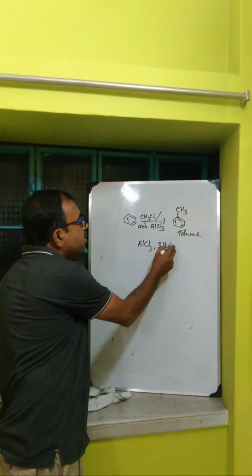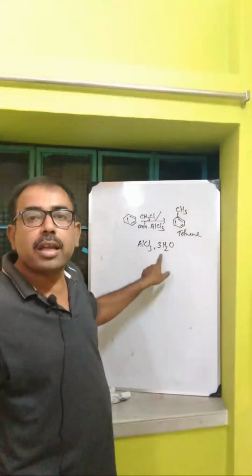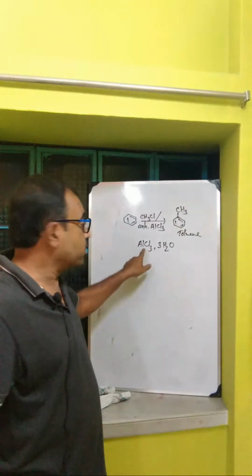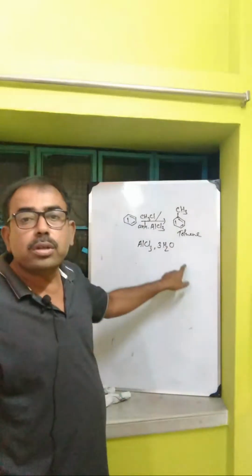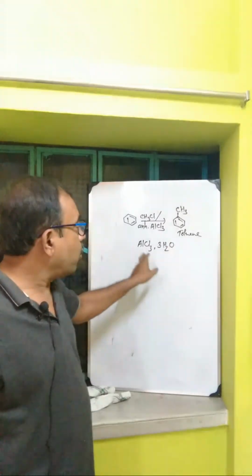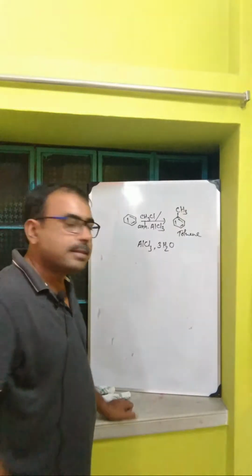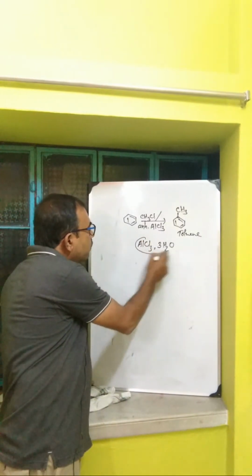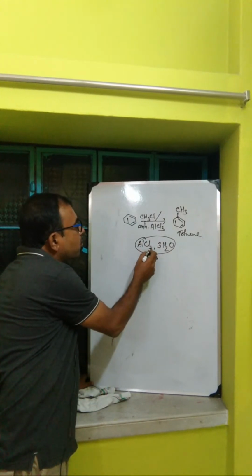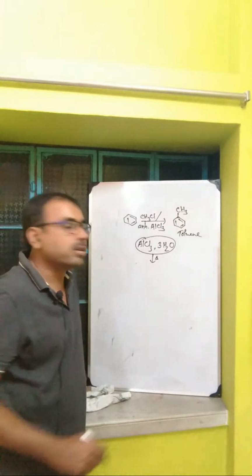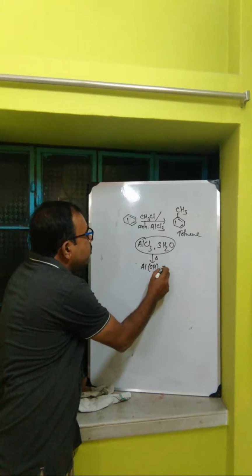This is hydrated aluminium chloride, and if you heat this compound, then this aluminium chloride, which is a salt, will get hydrolyzed by its own crystal water to form aluminum hydroxide and HCl. So if you give heat to this compound, aluminium chloride gets hydrolyzed by water. AlCl3 forms Al(OH)3 and 3HCl.